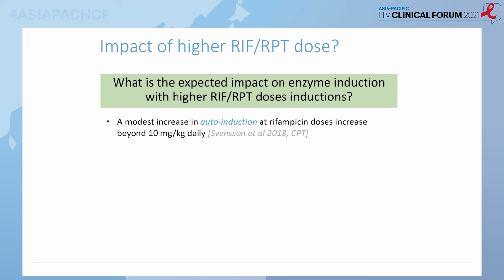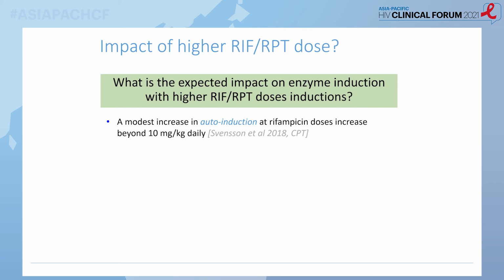There have been some studies looking into this, and there's an indication that despite going to higher rifapentine or rifabutin doses, maybe you reach a maximum and increasing the dose further doesn't have a huge effect.